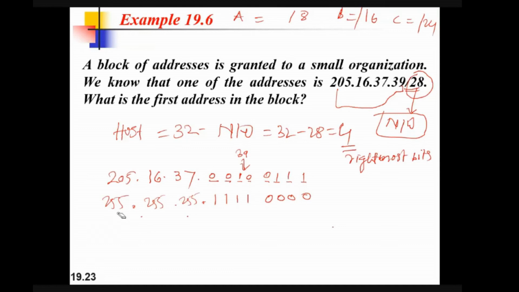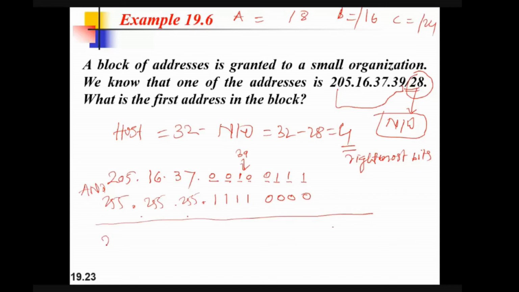So another method of finding the first address is ANDing with the mask. This is the IP address, and this is the subnet mask. The subnet mask of 28 ones means 255.255.255 and then 4 ones and 4 zeros.